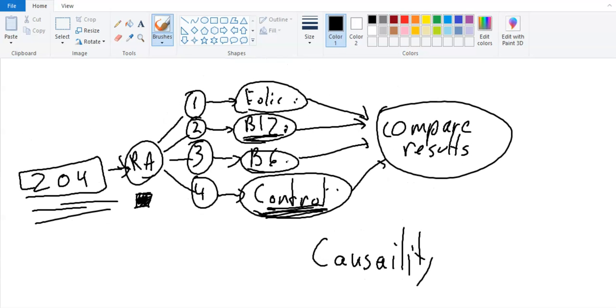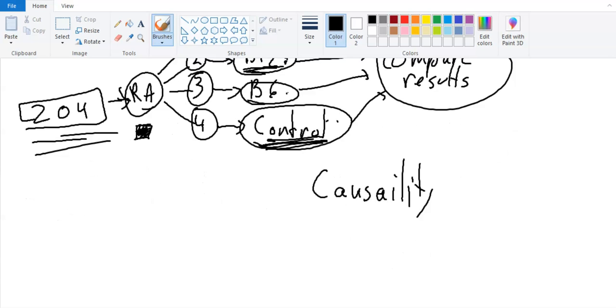So when you block an experiment, what you're doing is you say, okay, well, I already know that there is something that plays a part in messing with my results. So I'm just going to take care of that right at the beginning.